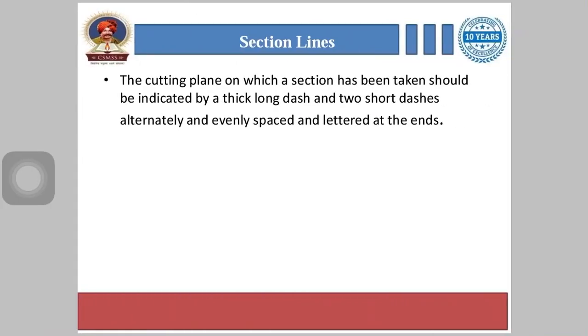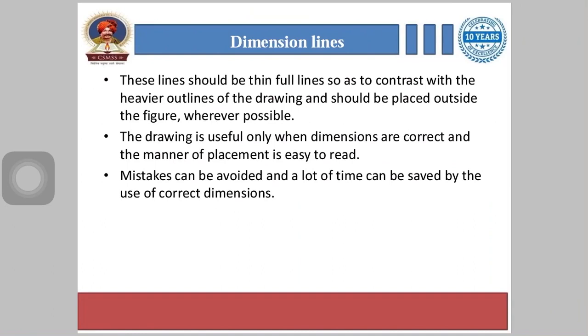And the next line is section lines. The cutting plane on which a section has been taken should be indicated by a thick long dash and two short dashes, alternately and evenly spaced, and lettered at the ends. Dimension lines.